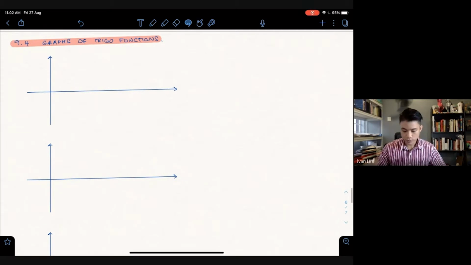We normally want to see one whole cycle, which is 360 degrees. So this is x and y. Let's draw the sine graph first. As you'll see in your textbook, the sine graph is like a wave. It's like an S shape. Sine is S, so S shape.